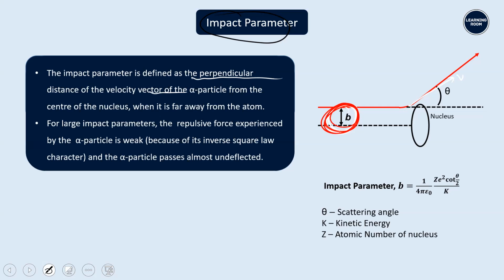Generally, for large impact parameters, the repulsive force experienced by the alpha particle is weak because of the inverse square law character, and the alpha particle passes undeflected. It means that if the impact parameter is more, it is far away from the line of action with respect to the nucleus. Hence the repulsive force will be less.